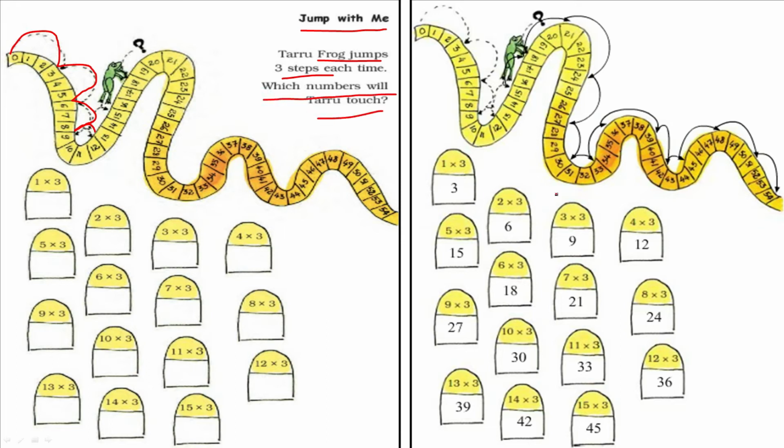So let us see. 1 multiplied by 3 is 3. 2 multiplied by 3, 6. 3 multiplied by 3, 3 3s are 9, 4 3s are 12. Just you complete it, you will get 15 multiplied by 3 is 45. So you can complete the multiplication table easily.